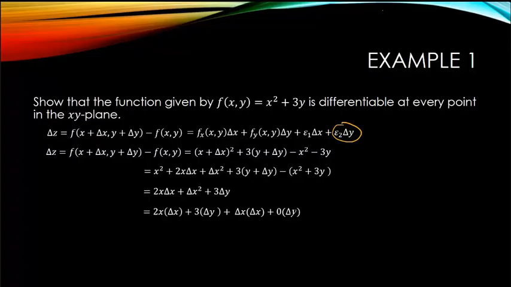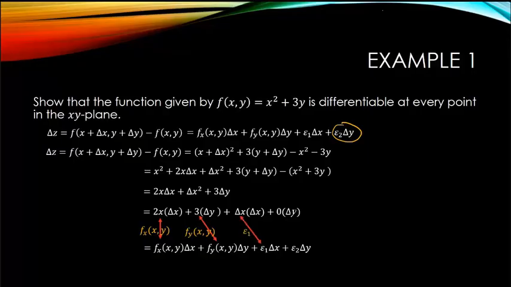Now let's look at what this means. Comparing this to the expression on the right-hand side, I see that I have 2x, which is fx of x, y, times delta x, plus 3 times delta y. 3 is fy of x, y, plus delta x times delta x, where delta x is epsilon 1, plus 0 times delta y, where 0 is epsilon 2.